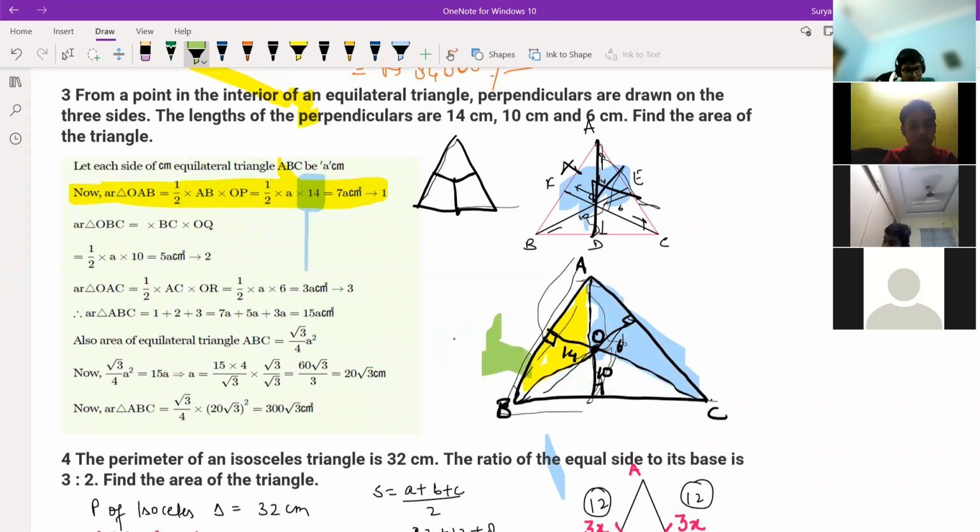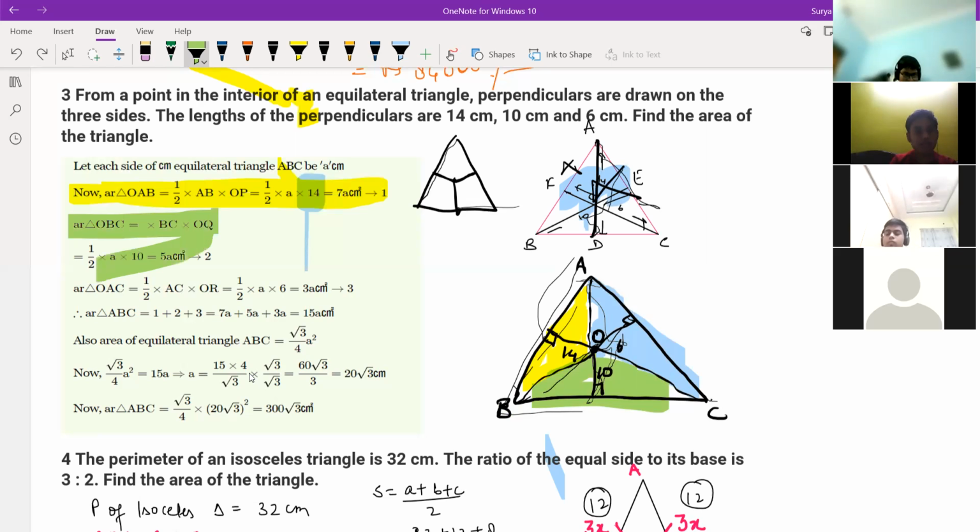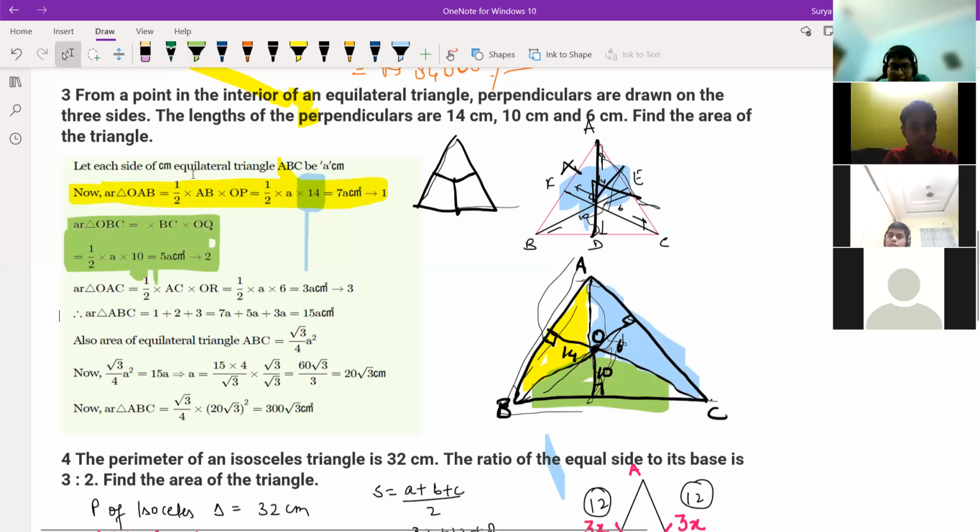So this part is your green. The green part is your OBC, right? OBC is here, see. This part is OBC, and this part is your OAC, no?